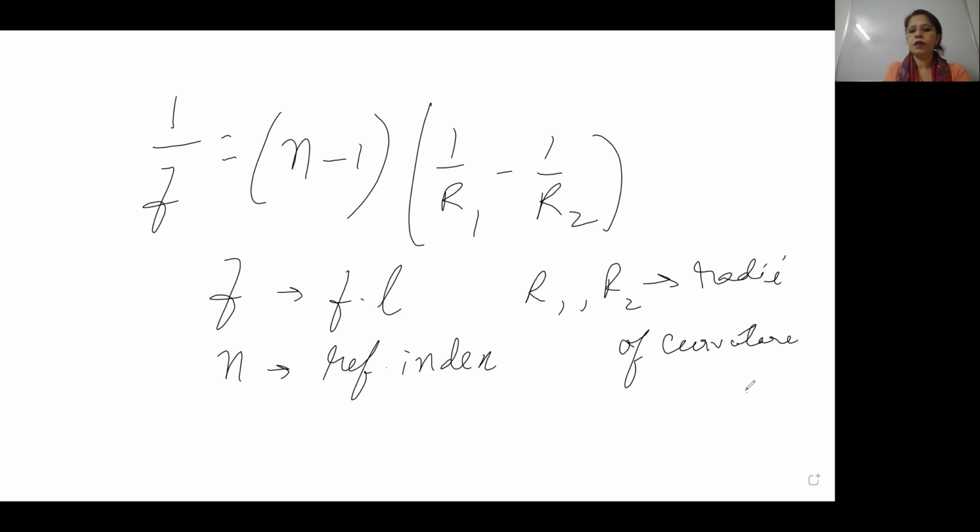So today we will be deriving this lens maker formula. For this, first let us understand the diagram. So the diagram is, first let us draw the convex lens. This is the convex lens, and some assumptions are also made.